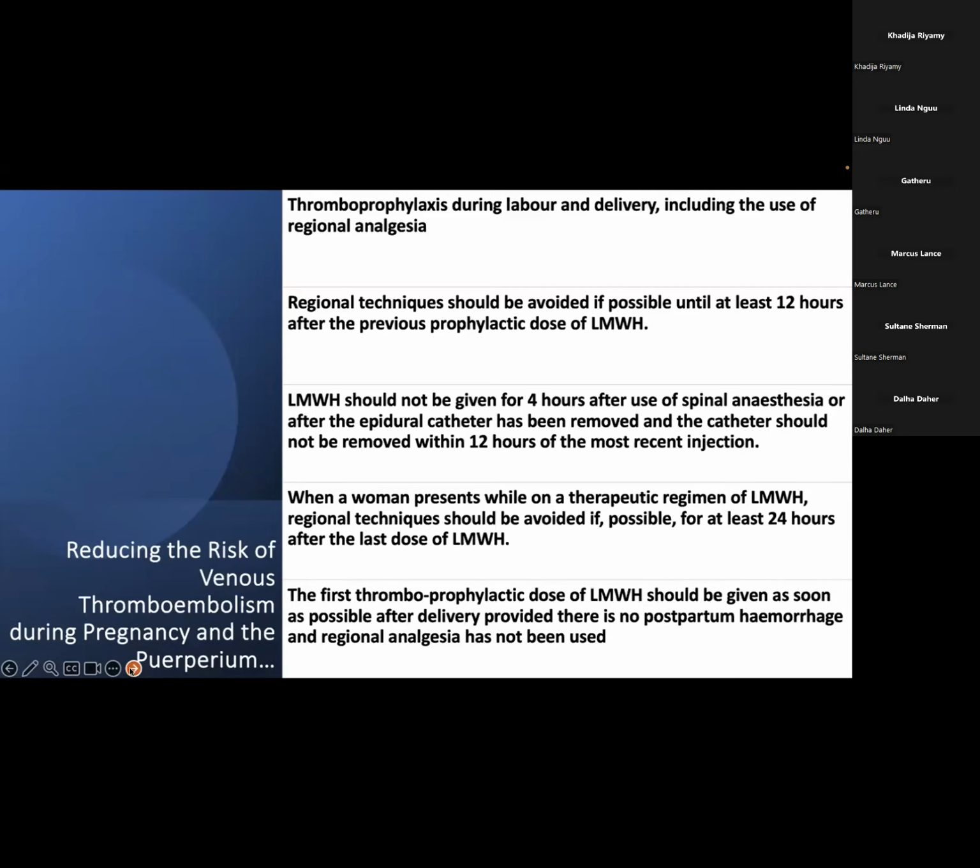Low molecular weight heparin should not be given for 4 hours after use of spinal anesthesia or after the epidural catheter has been removed, and the catheter should not be removed within 12 hours of the most recent injection.